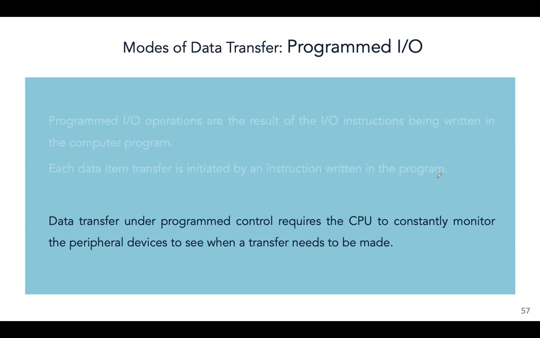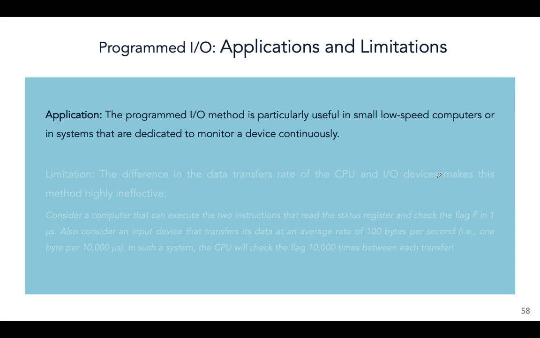Now, data transfer under programmed control requires the CPU to constantly monitor the peripheral devices to see when a transfer needs to be made. So with programmed IO, the CPU will constantly have to monitor all the peripherals attached to it to see if and when any of these devices require any kind of data transfer. The application of this method is that it is particularly useful in small, low-speed computers or in systems that are dedicated to monitor a device continuously.